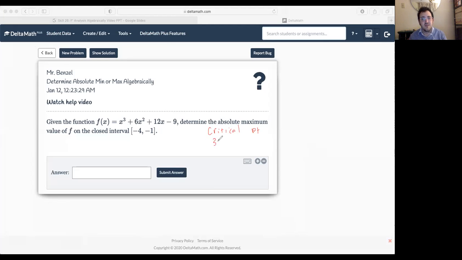So I'm going to take the derivative. I like pulling out a 3. That just makes the numbers I need to factor a little bit smaller.